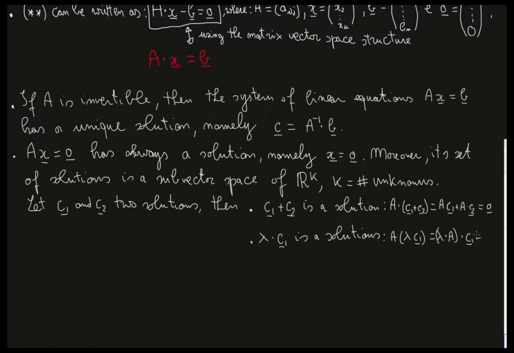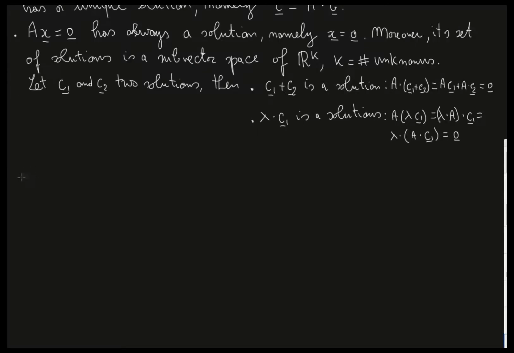By the associative property, this is simply lambda times A times C1, and now at this point we use the fact that C1 is a solution of the system of linear equations. Therefore A times C1 is 0, so we have lambda times the 0 vector, which is going to be 0.